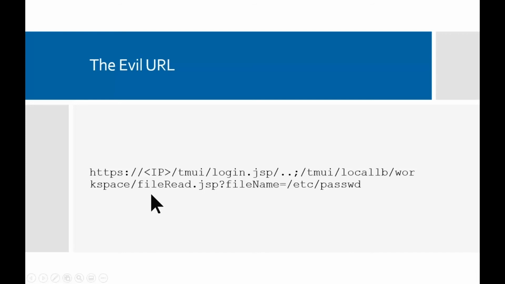But Kev, I was just going to point out, you're currently showing this as a GET request, so we can see the parameters being passed in the URL. The application doesn't actually care whether you send it as a GET or a POST. So the file read, the file name parameter, the file content parameter, the things you're going to run, you can also send them as a POST request.